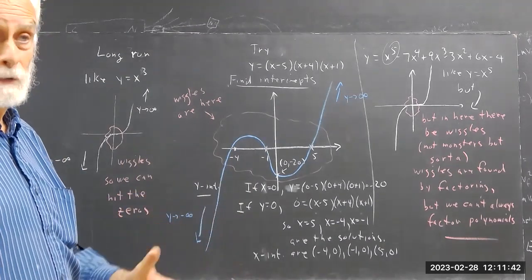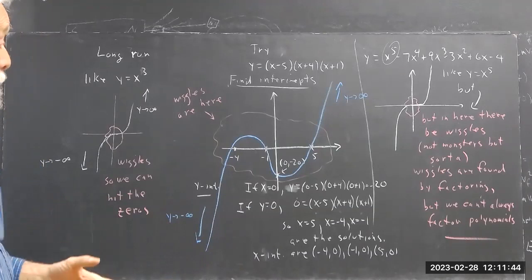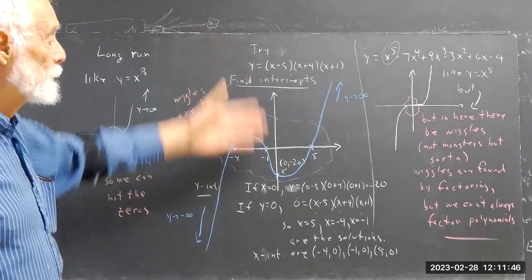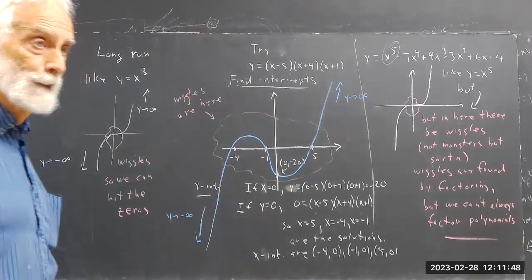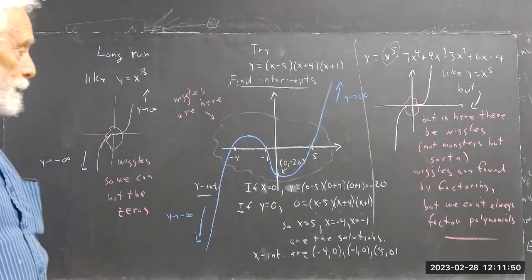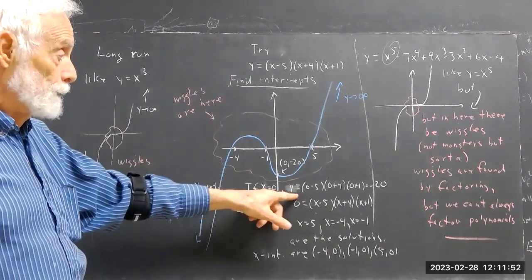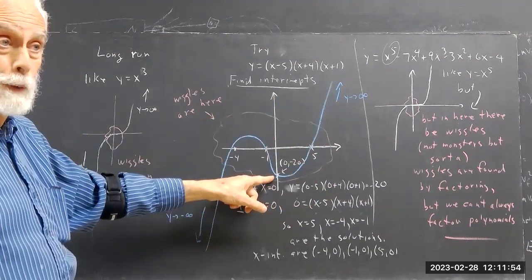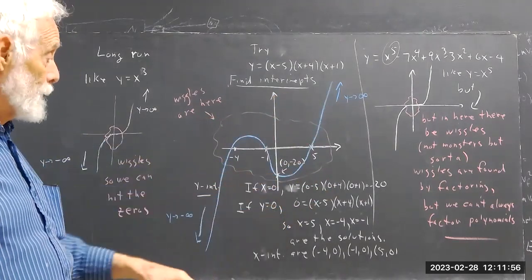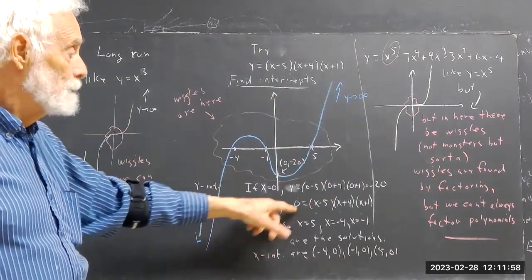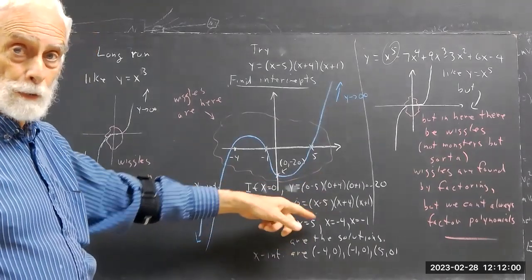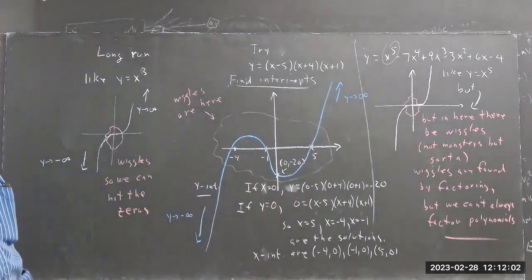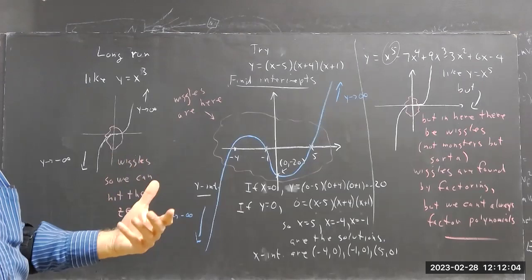You have to know the pieces, and then you got to put them together. Here, the pieces are really pretty simple. If x equals 0, it's real clear what you get for y, so you get the y-intercept. If y is 0, you've got a little more work to do, but it's real easy to find the x coordinates for the x-intercept.